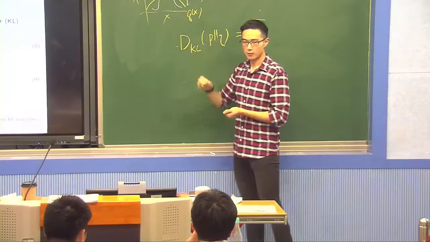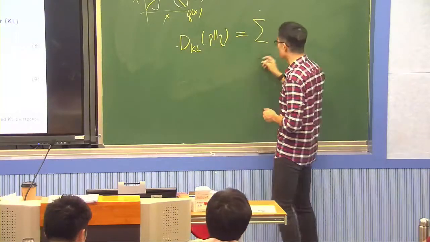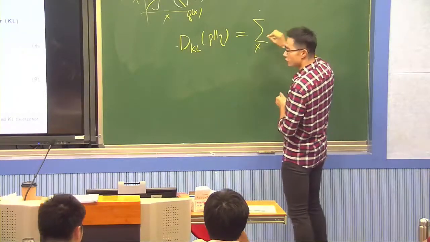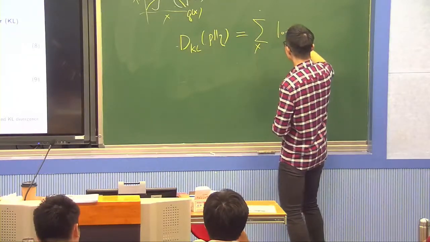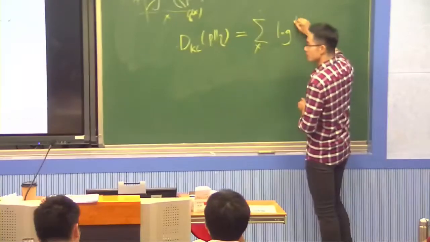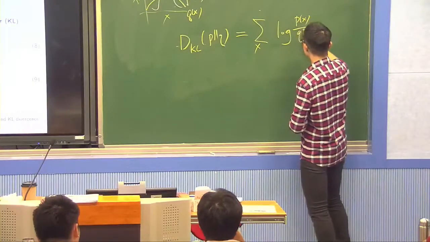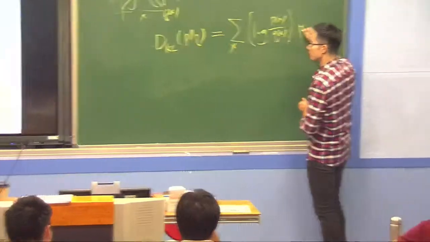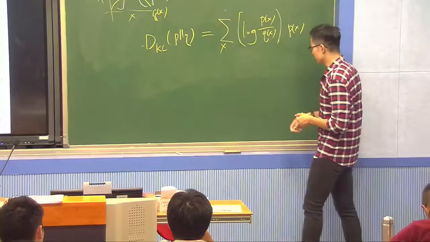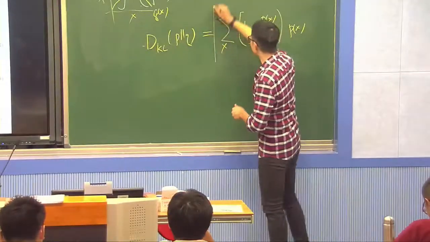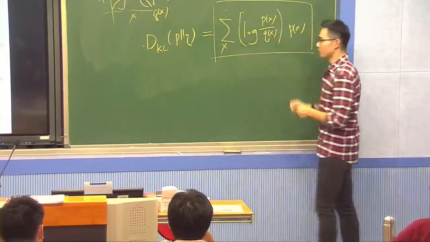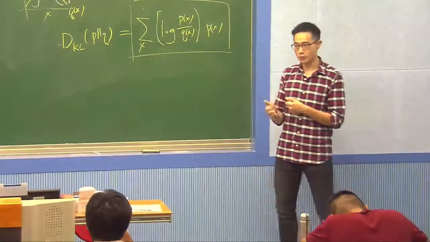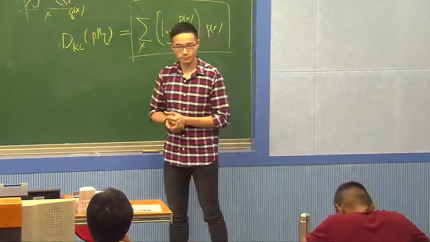So this is continuous, but for simplicity, let's write the discrete case. Discrete case is basically summing over different values of x, and at each value of x, I have log px over qx, times px. So that's our definition of KL divergence. It's a measure of the difference between two distributions, P and Q.